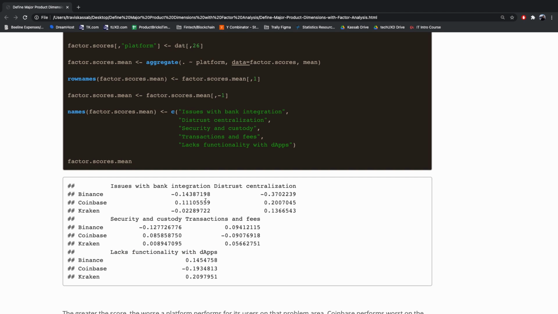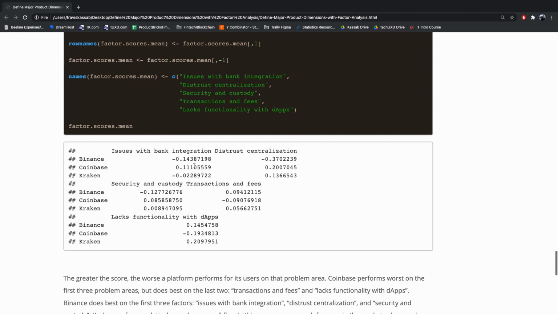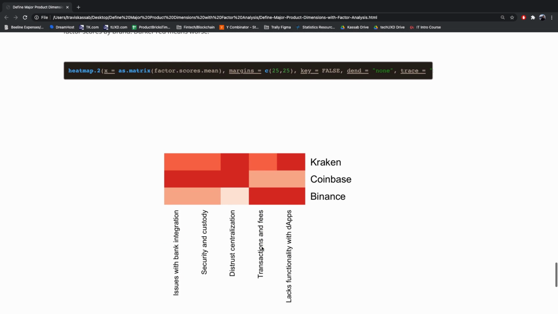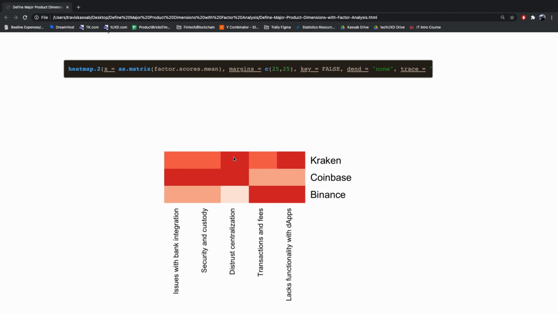So the greater the factor score, the worse a CCE performs on that problem area, or the bigger a problem it is for that CCE. Instead of looking at these raw numbers, we can just quickly throw this data into a heat map, where the darker the red, the more of a problem it is for each CCE provider here.